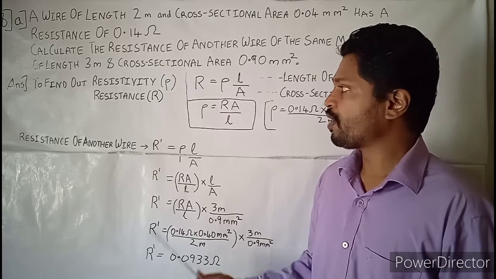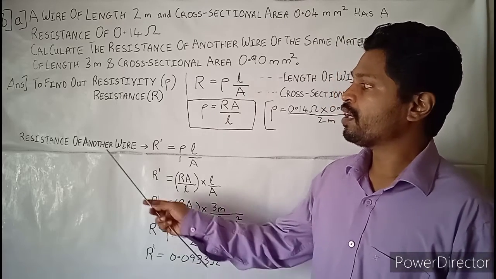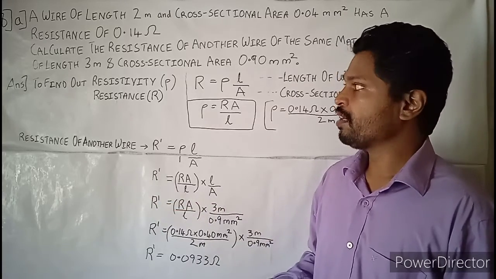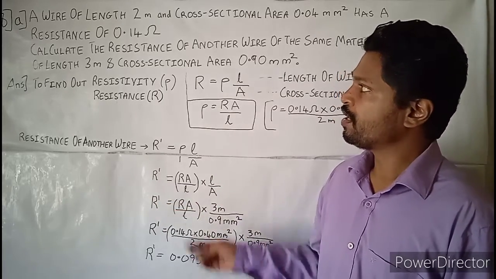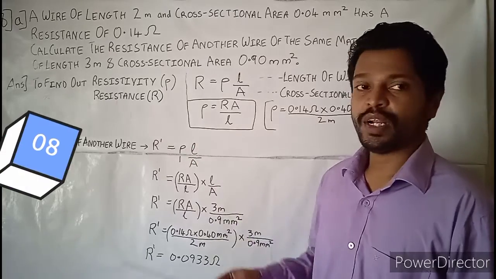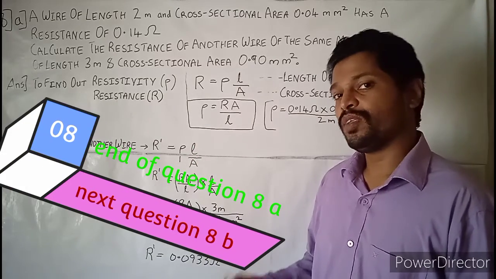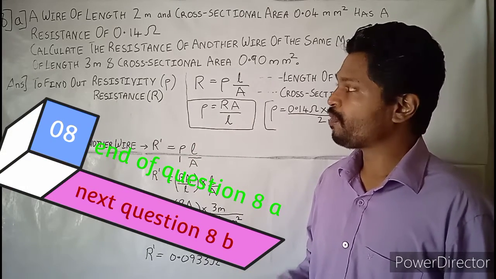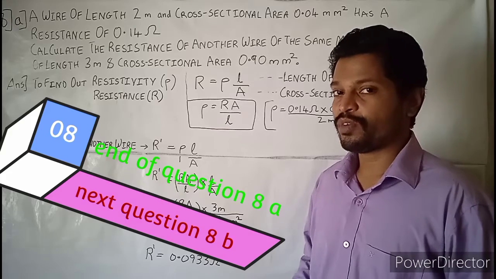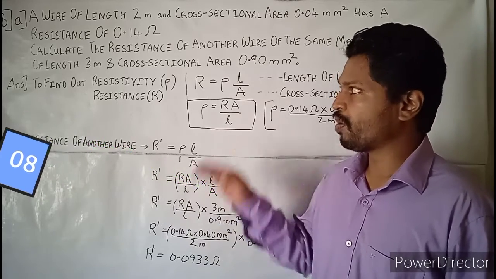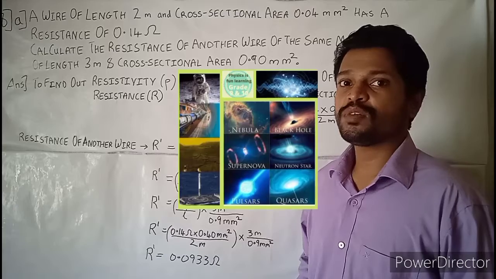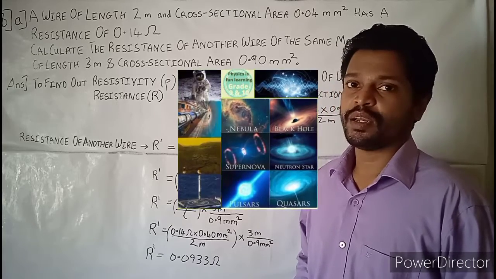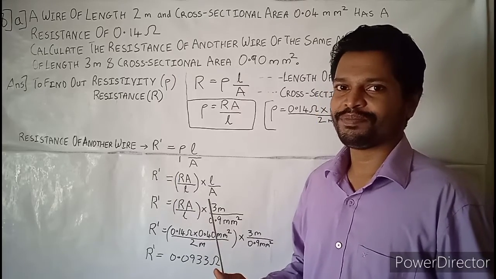Okay, so we have got R dash. R dash is the resistance of the another wire. So that is what you wanted to calculate, the resistance of the another wire, and we have solved this. We have solved the 8th question, part A. Okay, thank you so much.